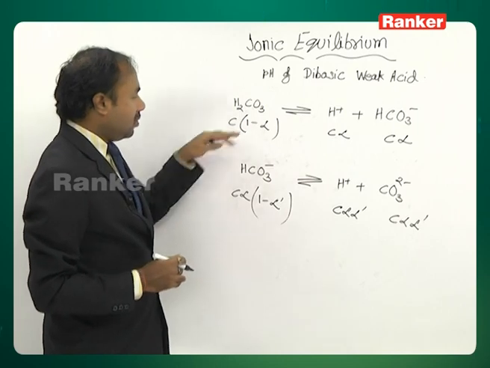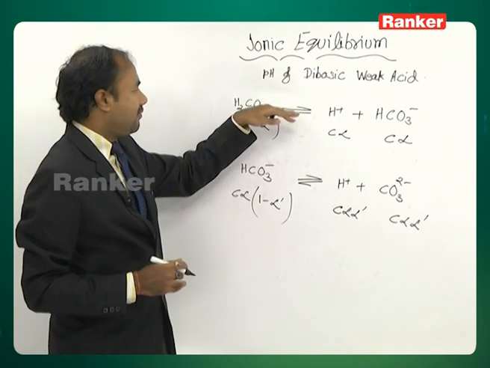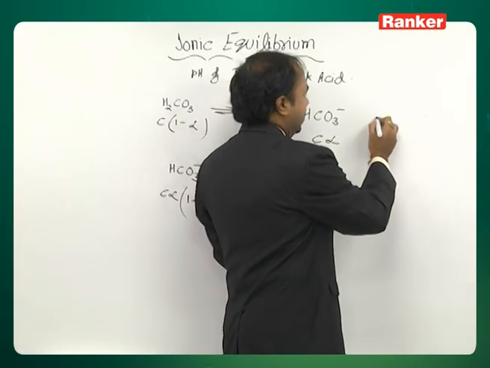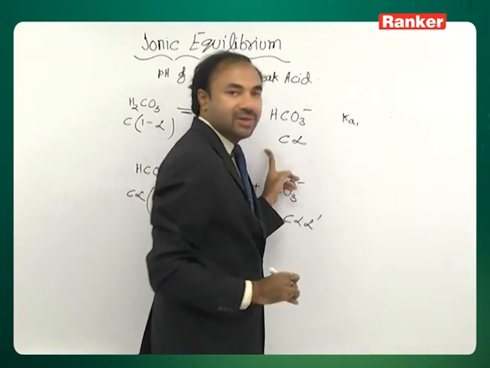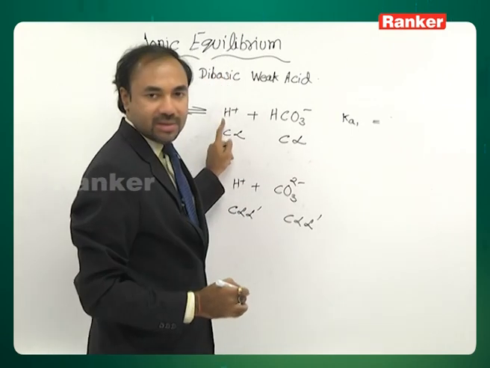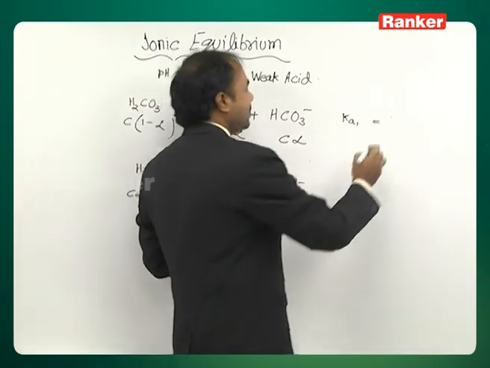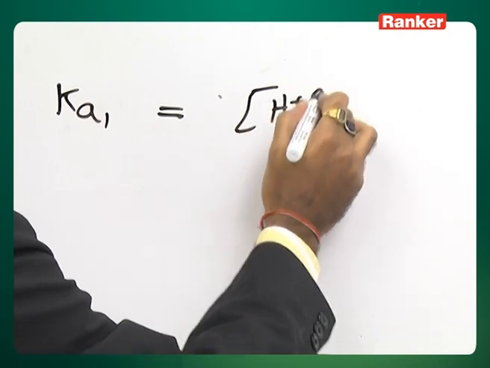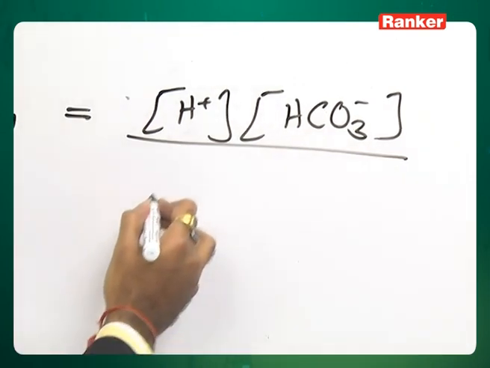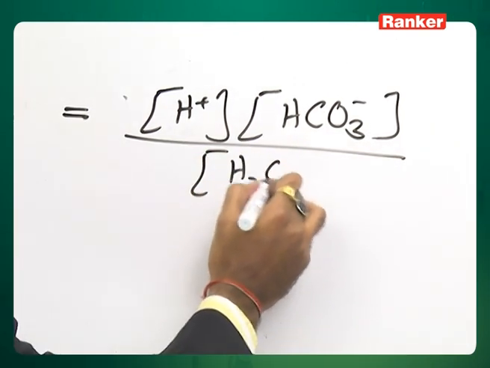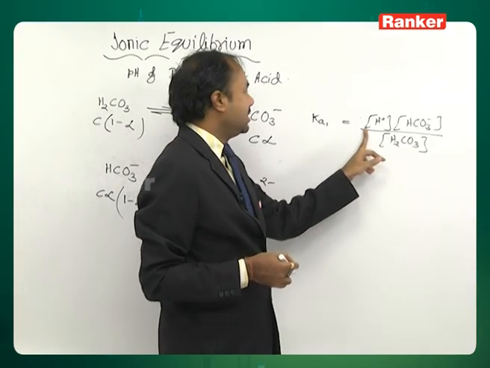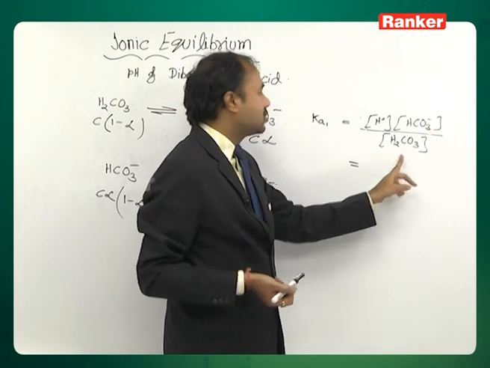Now we are going to apply the equilibrium constants for first equilibrium and second equilibrium. See it carefully. Equilibrium constant for this is Ka1, the first dissociation constant of the acid, which will be equal to concentration of H plus into bicarbonate ion, HCO3 minus, upon concentration of H2CO3.